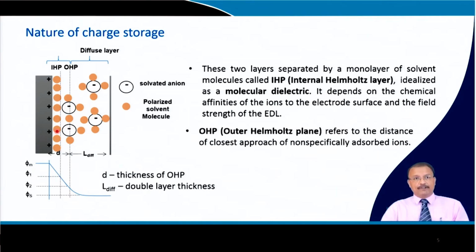Phi 1 and phi 2 basically decide the thickness of the so called outer Helmholtz plane, that layer, and then the potential is almost constant and this layer we define as a double layer. So, this L diff is defined as the double layer thickness.